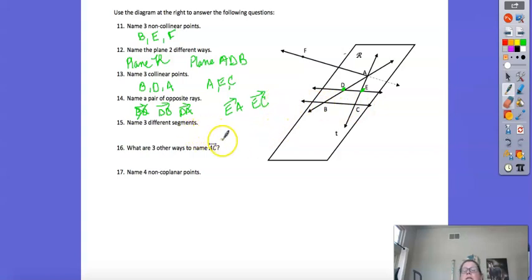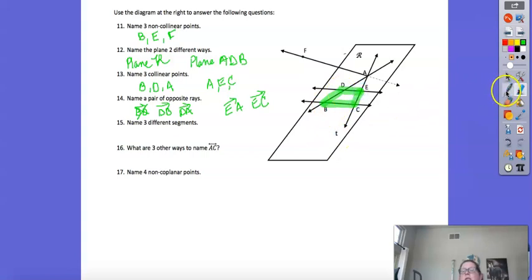Name 3 different segments. There's a whole bunch of them on here. I'm going to try to highlight them. Let me get my eraser and I'll highlight some of them. Let's see. This could be a segment, EC or CE. This could be a segment, BD or DB. Here's one, here's one.